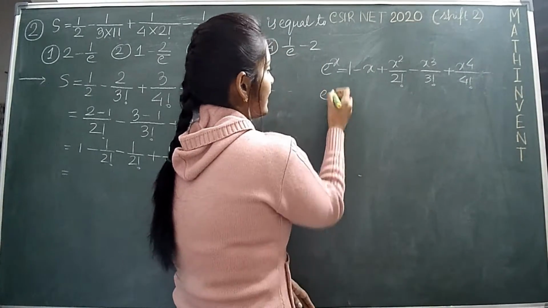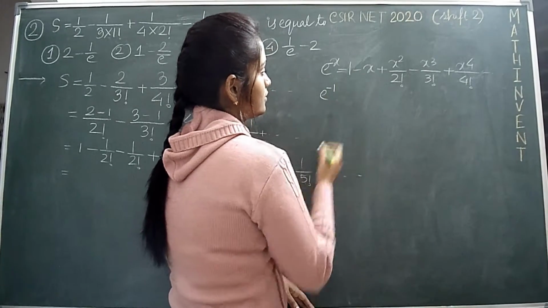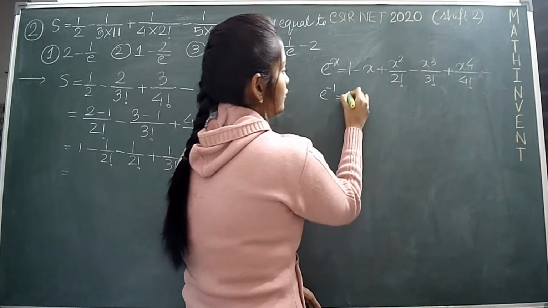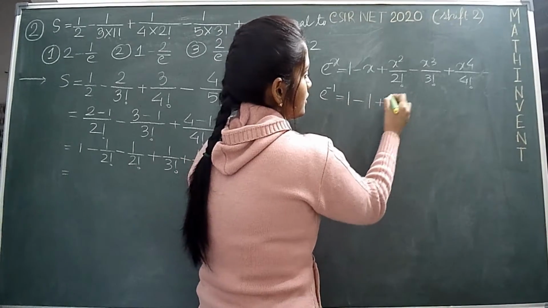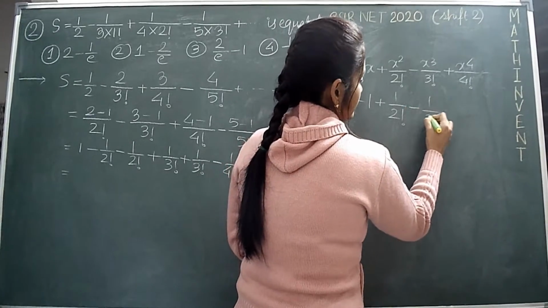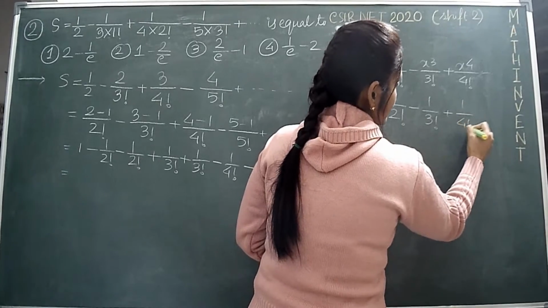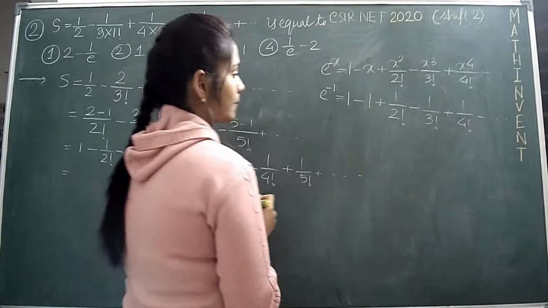So if we write e power minus 1, we will have 1 minus 1 plus 1 by 2 factorial minus 1 by 3 factorial plus 1 by 4 factorial, and so on.